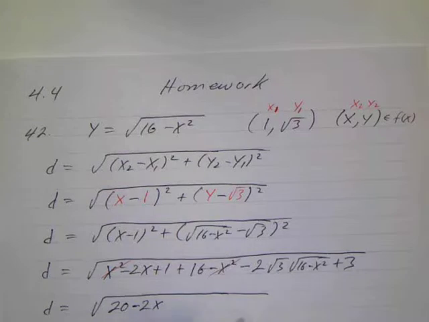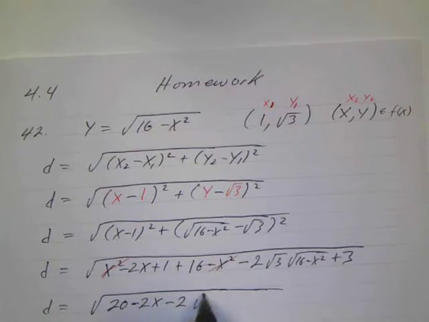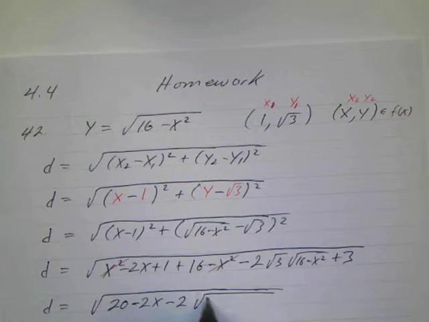And then I've got minus 2, and I can put this 3 under the radical, and I can multiply this out. So that's going to be the same thing as the square root, I'll just do it as a step so you can see that, of 3 times, because they're both under the radical, 16 minus x squared.